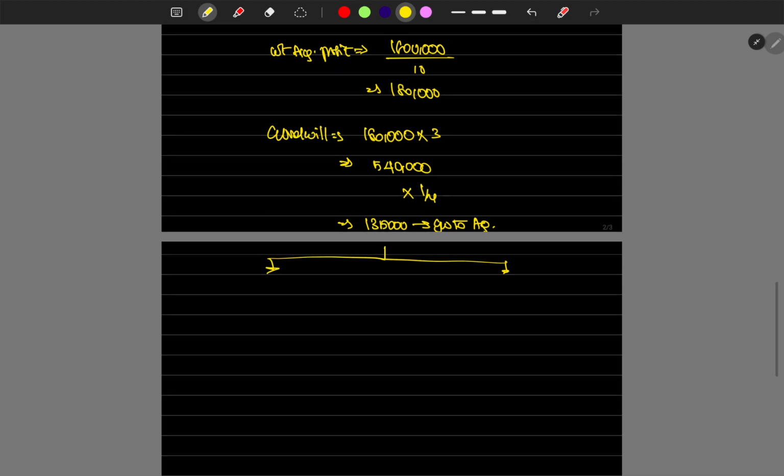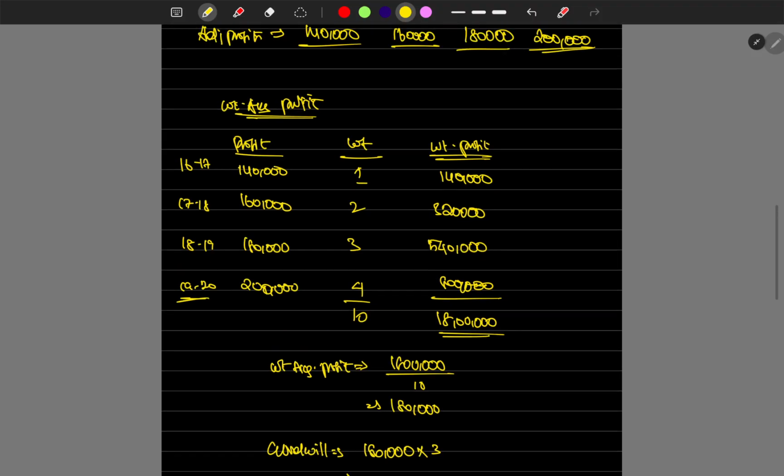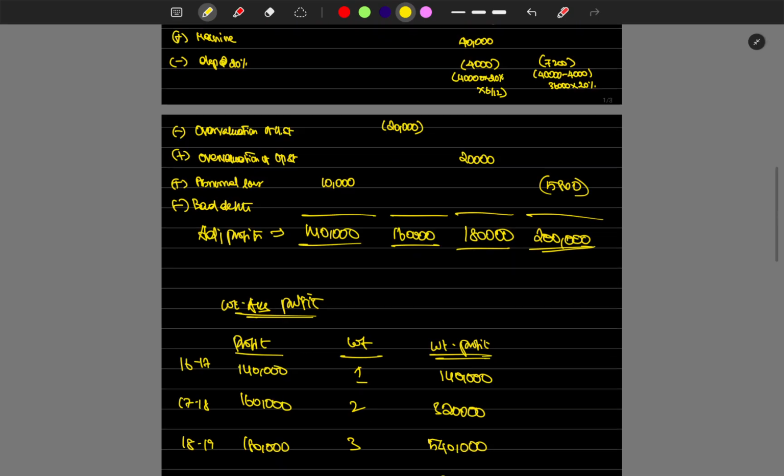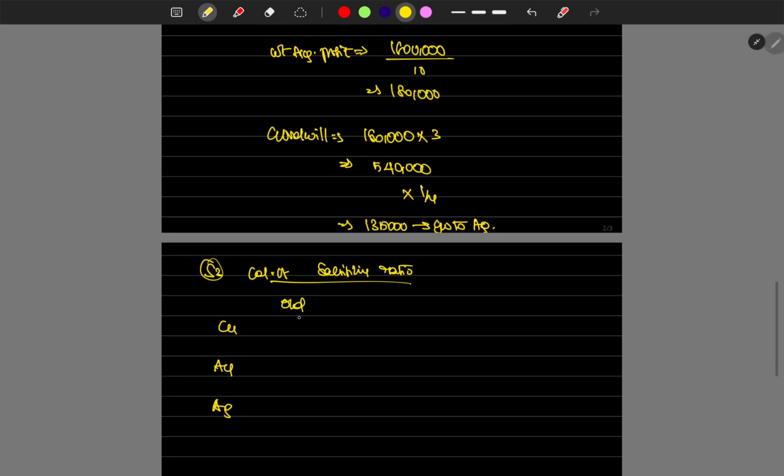Then what's the sacrificing ratio? Now we found out the goodwill. Let's quickly find out the sacrificing ratio. CU, AU, AG, right? Old is 5:3, new is 2:1:1. Okay, 5/8, 3/8 old; 2/4, 1/4, 1/4 new.